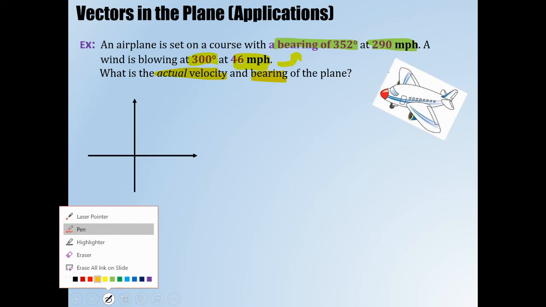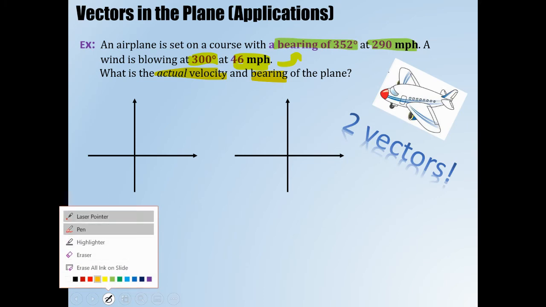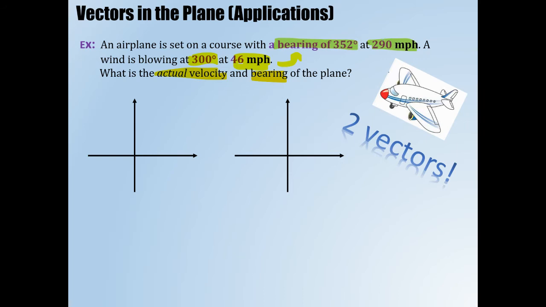So really what I have here is two vectors that I'm thinking about, and I want to know the resultant vector. I have this 290 mile per hour airplane at a bearing of 352.